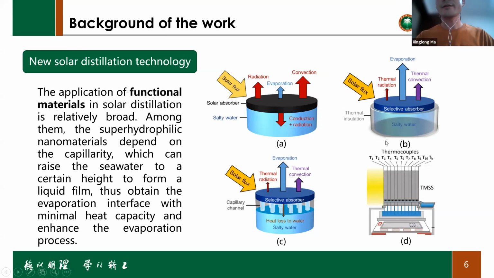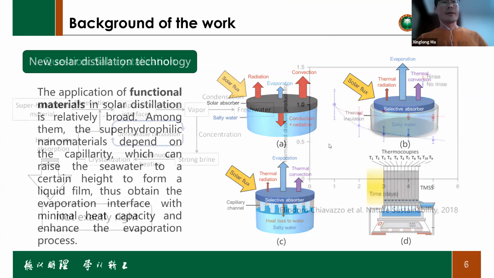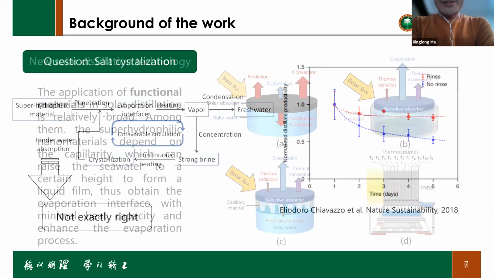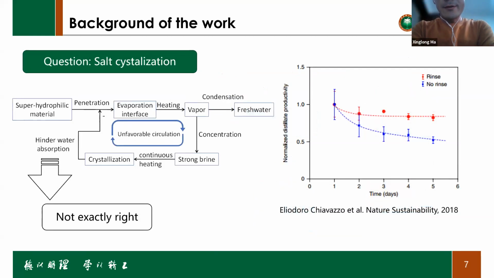Figures B to D show different types of this kind of thermal desalination. This seems very perfect, but of course, it's not perfect.